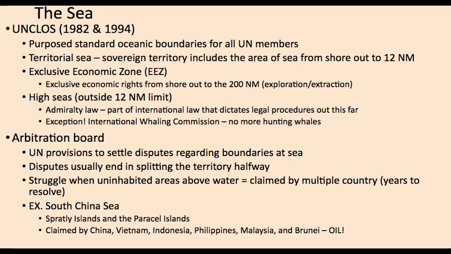And it's about territory in the sea, sovereign territory that includes the area at least 12 nautical miles out. Then you've got the next up to 200 nautical miles, which is just economic control. So not the other laws, things like that, but they do have control of any natural resources, exploration, extraction, and then the high seas outside of the 12 nautical mile limit.